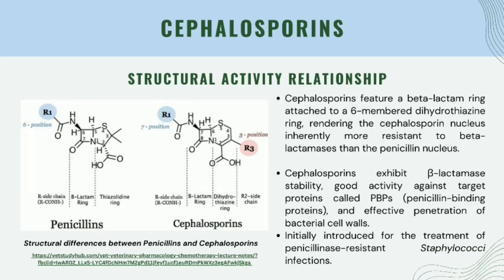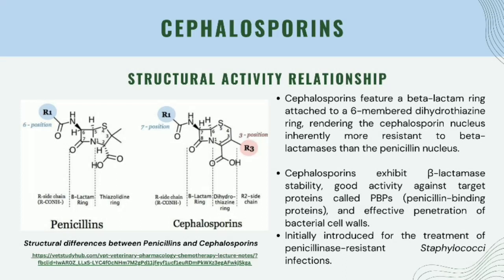In the case of structure-activity relationship, cephalosporins possess distinct structural features that contribute to their efficacy and resistance against beta-lactamases. The beta-lactam ring in cephalosporin is fused to a 6-membered dihydrothiazine ring, rendering the cephalosporin nucleus inherently more resistant to beta-lactamases compared to the penicillin nucleus.